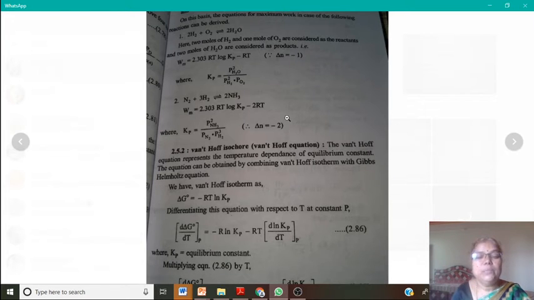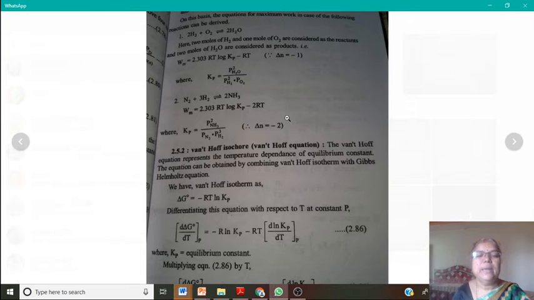Then in your textbook, the van't Hoff isochore, or the van't Hoff equation, is given in the following way. Here, the van't Hoff equation represents the temperature dependence of the equilibrium constant.